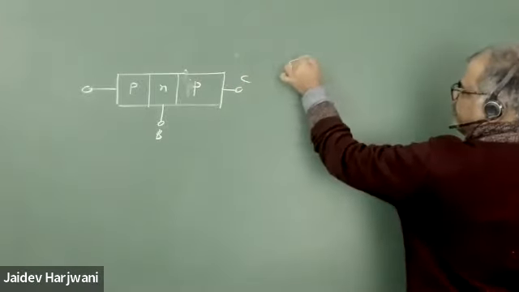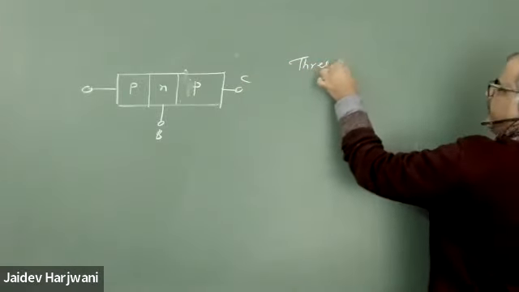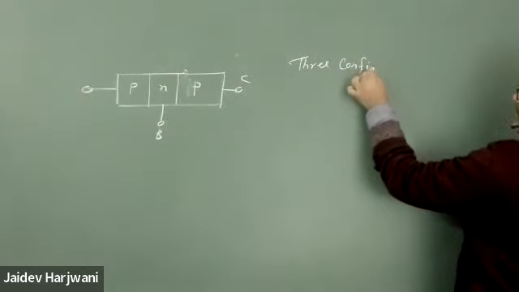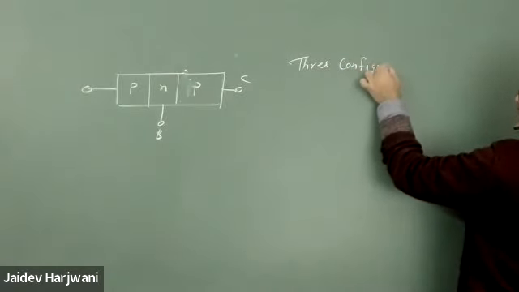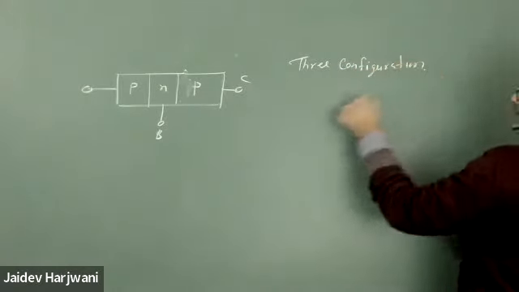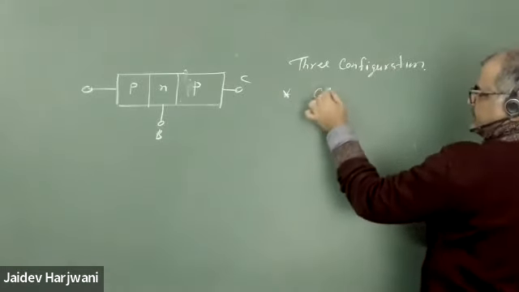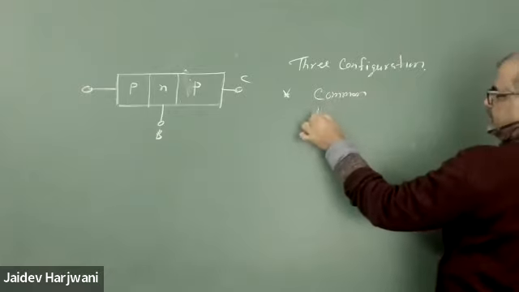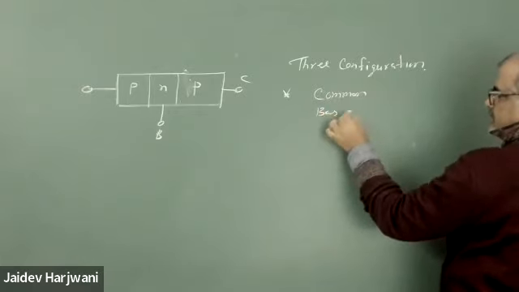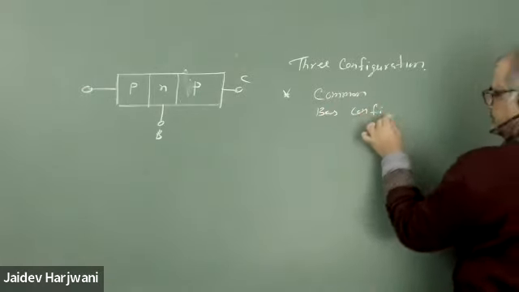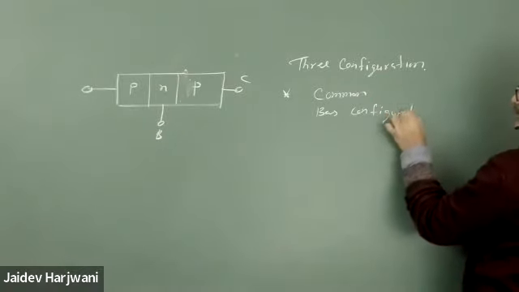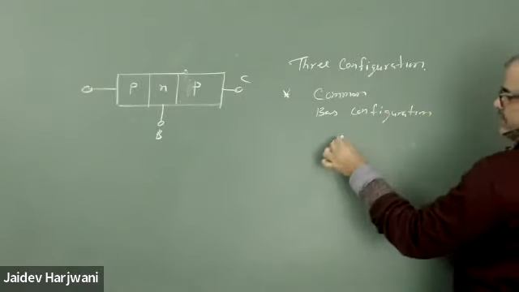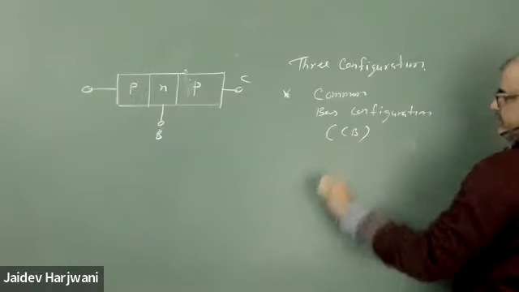Transistor can be used in three configurations. Number one is your common base configuration, also called CB configuration.